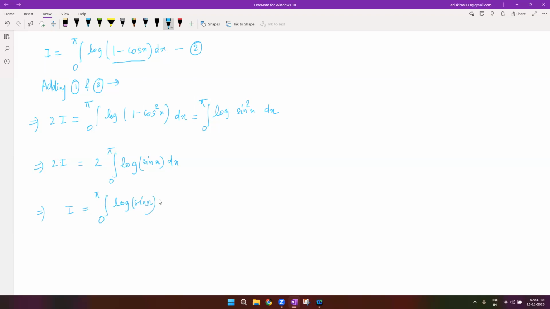But you can still see we don't know how to integrate this. The same problem, which is a trigonometric function inside log. So we have simplified the expression, but we are not able to solve the problem.